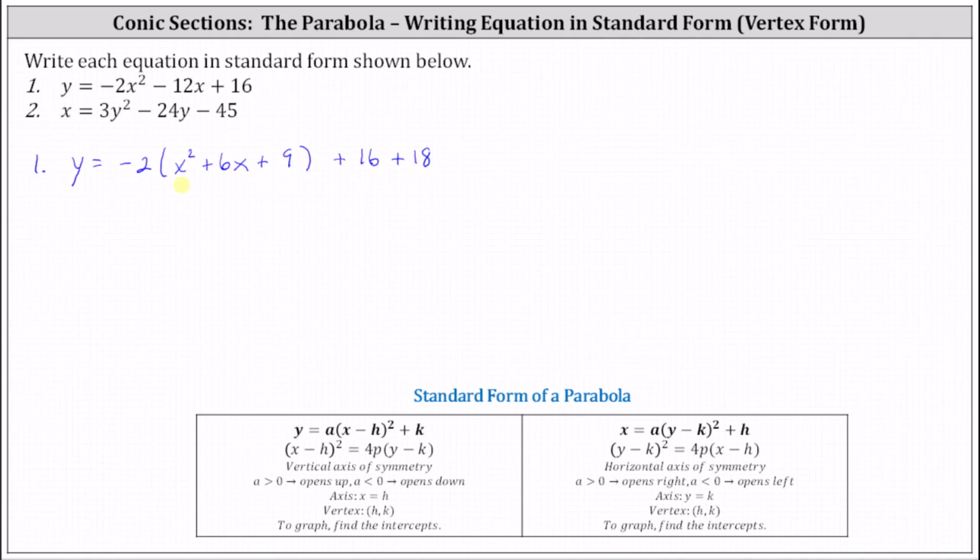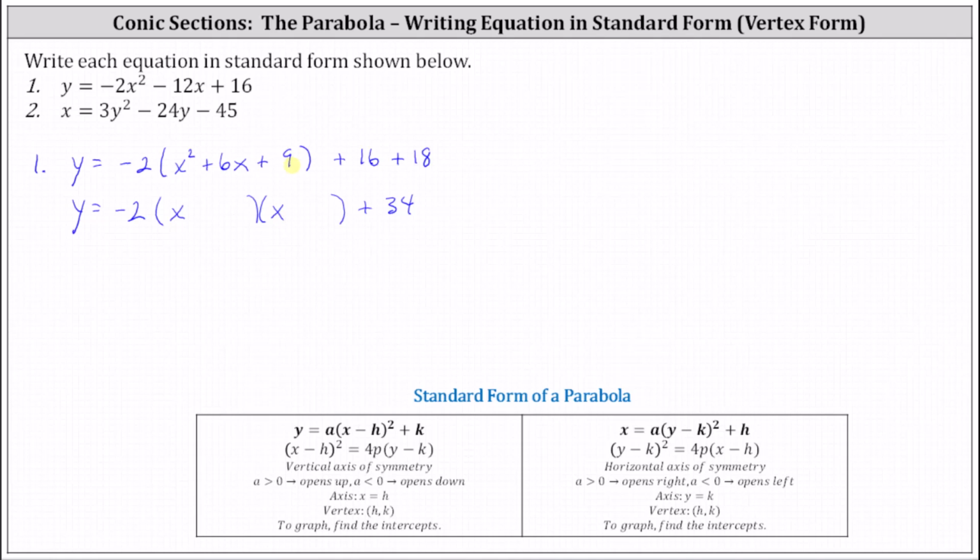And now we need to factor the trinomial and combine like terms. We have y equals negative 2. To factor the trinomial, we will have two binomial factors, which should be the same two factors, and then 16 plus 18 is plus 34. And now factoring, because the first term inside the parentheses is x squared, we have an x and an x in the first positions.